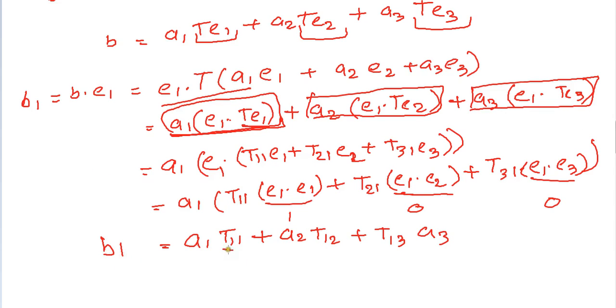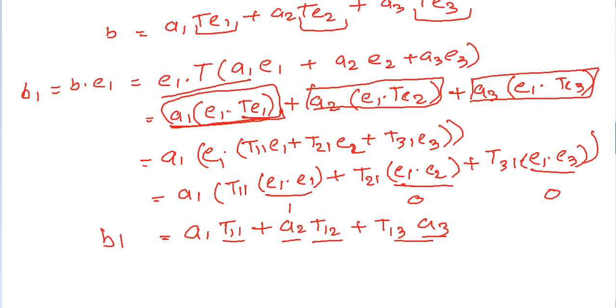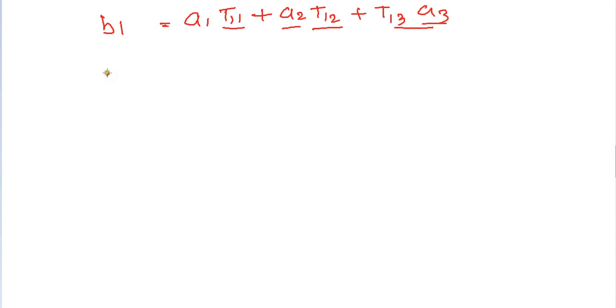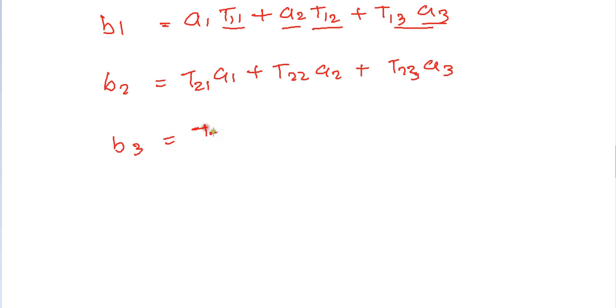So B1 equals T11 A1 plus T12 A2 plus T13 A3. Similarly we can write B2 equals T21 A1 plus T22 A2 plus T23 A3, and B3 equals T31 A1 plus T32 A2 plus T33 A3.